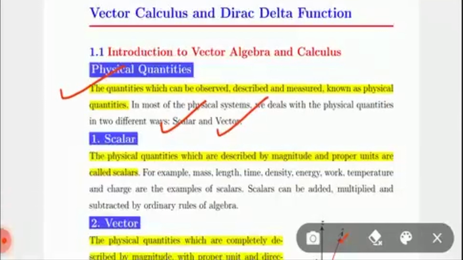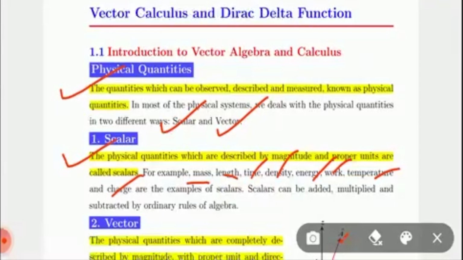Scalar quantities are physical quantities which are described by magnitude and the proper unit. For example, mass, length, time, density, energy, work, temperature, and charge. These are a few examples of scalar quantities.